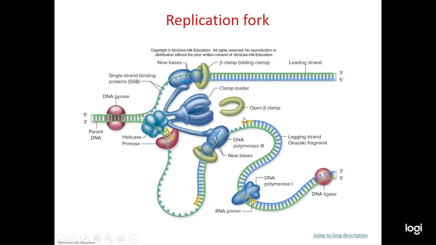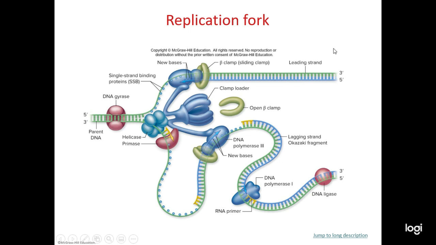Then RNA primase puts down another one back here, and DNA polymerase can come in here and fill that in. And then another one, and then DNA polymerase can fill in more. And this is called discontinuous replication. This up here from the leading strand is continuous replication. You need to know these two.